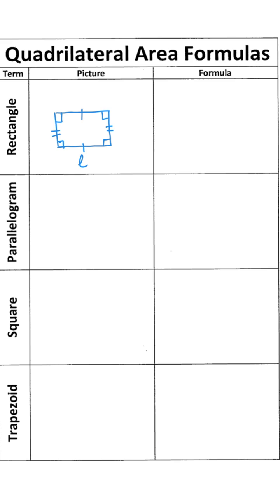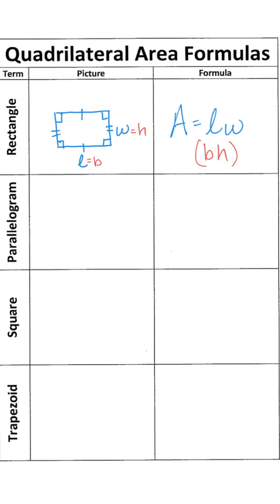And the long side we call length and the short side we call width. So our area formula, which we should have memorized, is length times width. If you would like to call it base times height, that's still correct. So you could make that B and that H. That would also be fine.